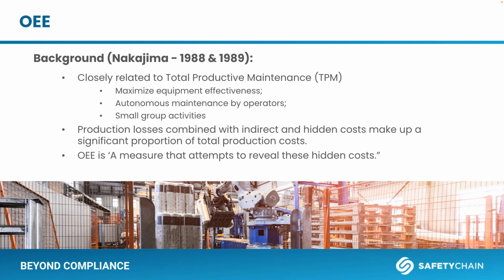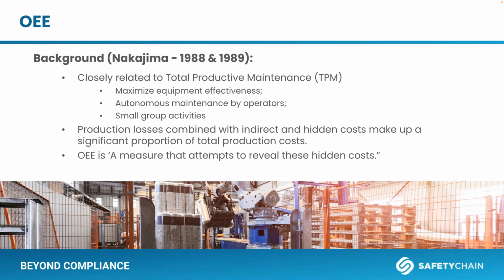A component of that, which many organizations familiar with total productive maintenance will know, is the autonomous maintenance of equipment by operators, getting small group activities and problem solving out with our production group so that we can solve those problems.